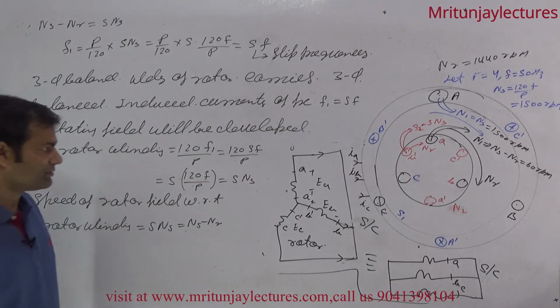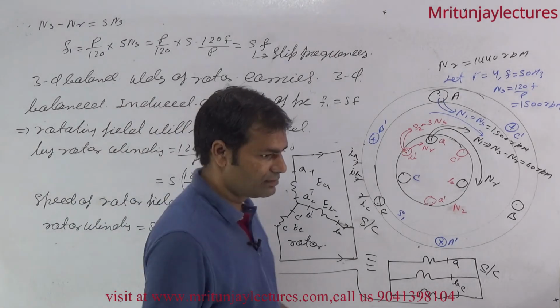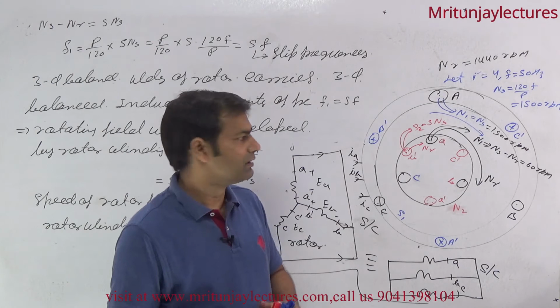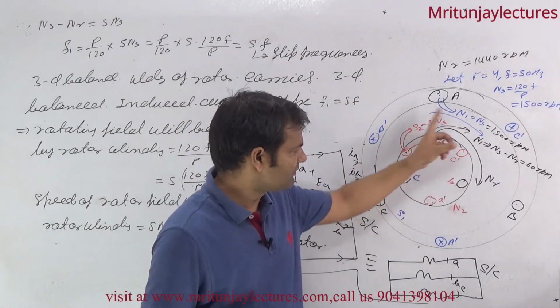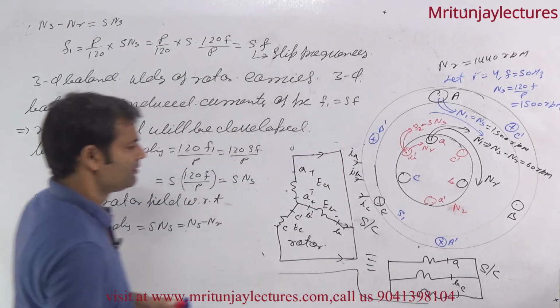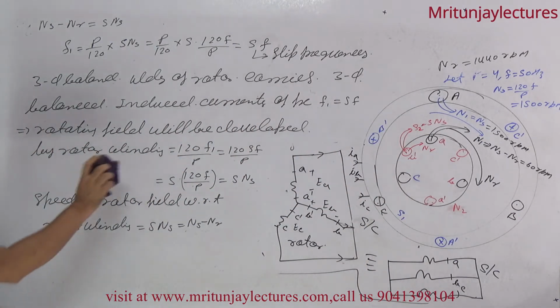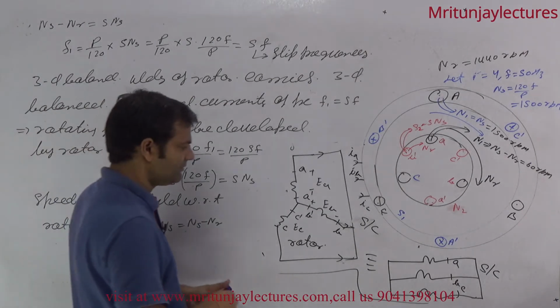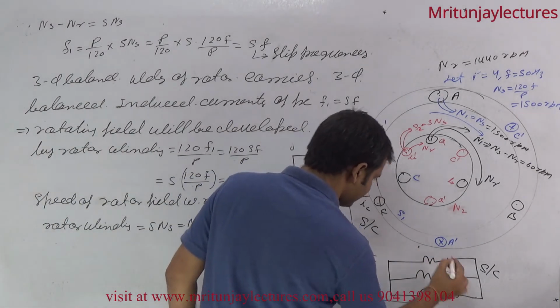This is also the direction of rotation of the stator field and rotor field. This is the direction of the stator field. Clear? And this one is the slip frequency, SF.